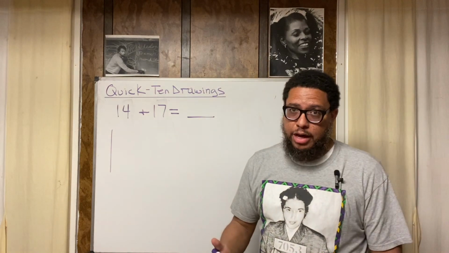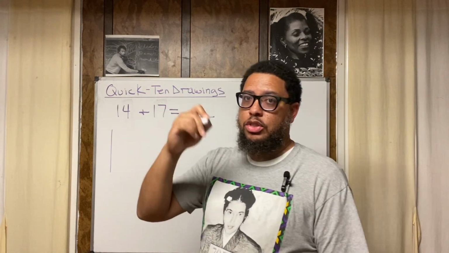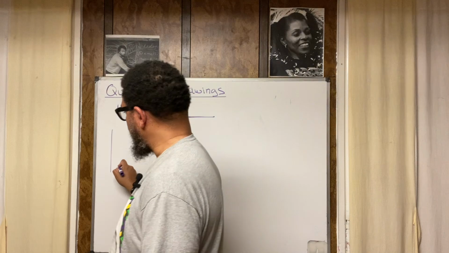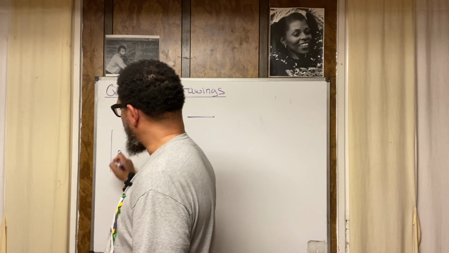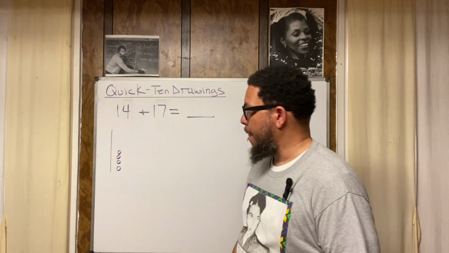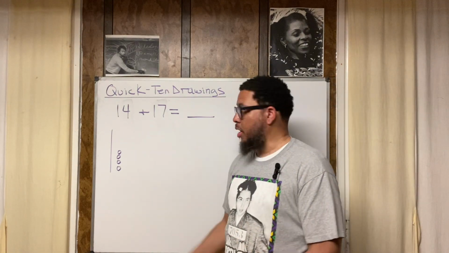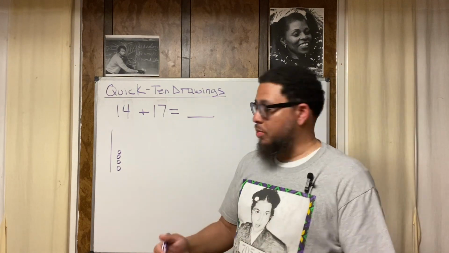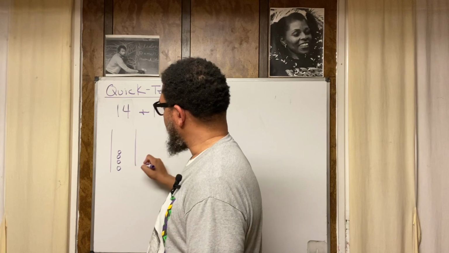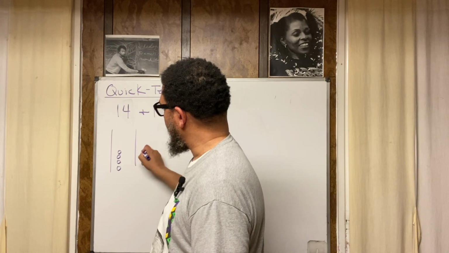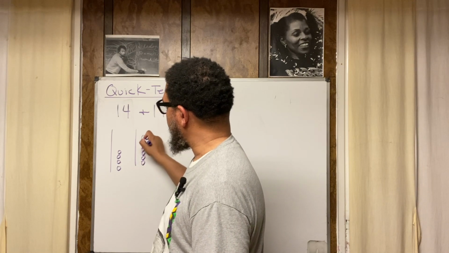Now, how many 1s do I have? I have 4, so I put 4 small circles. 1, 2, 3, 4. That's 14. Then 17. How do I represent 17? One vertical bar, because it's one 10, and 7 small circles. 1, 2, 3, 4, 5, 6, 7.